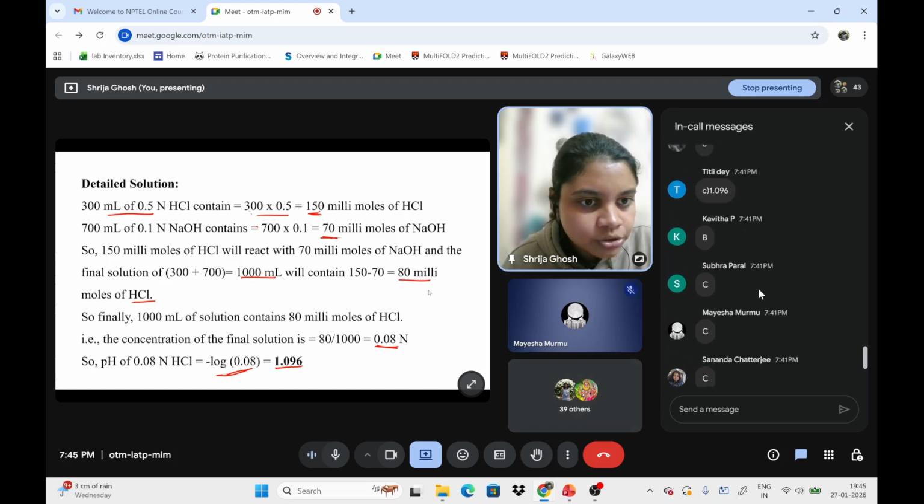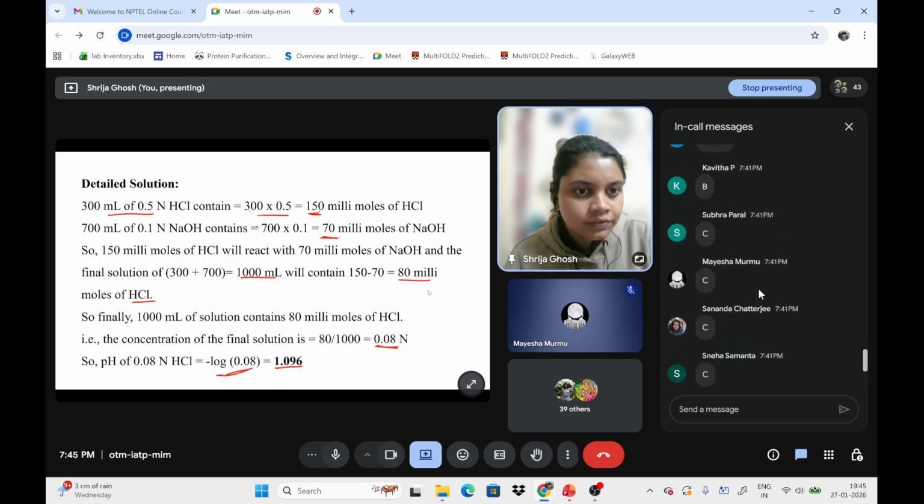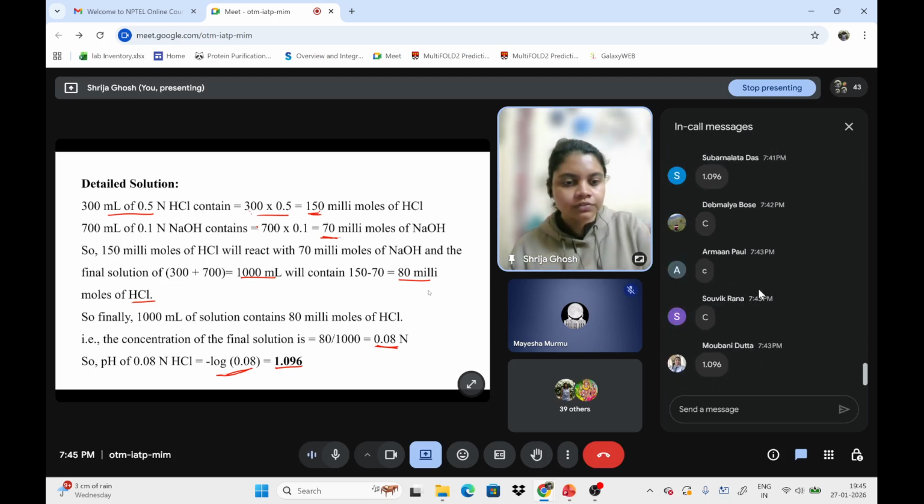Somebody answered option B. I hope you have rechecked your calculation. Kavita, I hope you have rechecked your calculation. If not, you can recheck it. It's not a big deal. I'm pretty sure there must be some calculation error. So do it once more. This is the detailed solution.